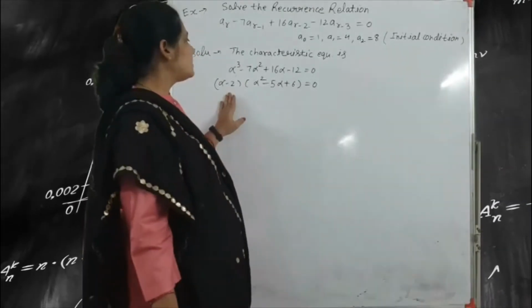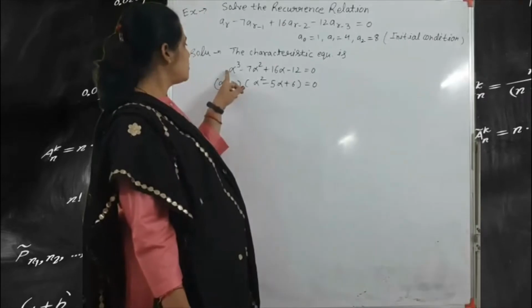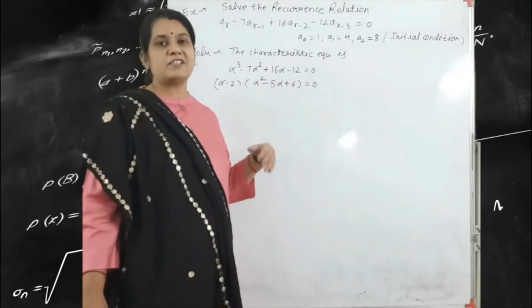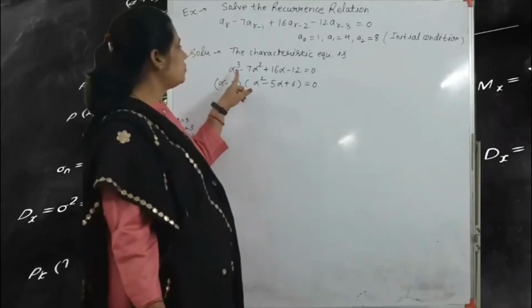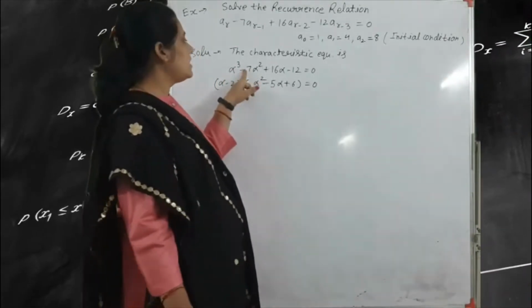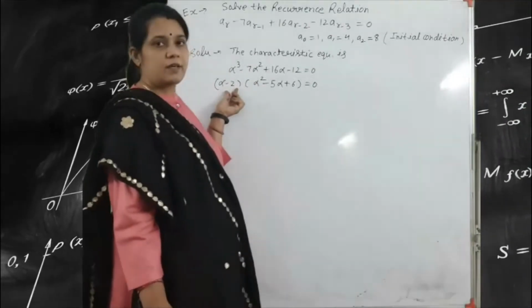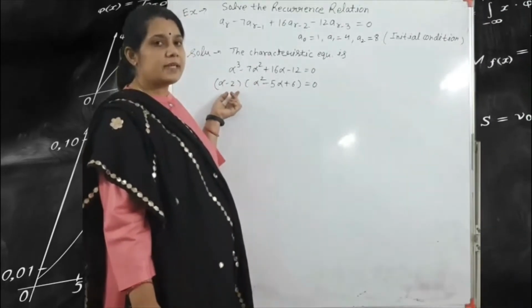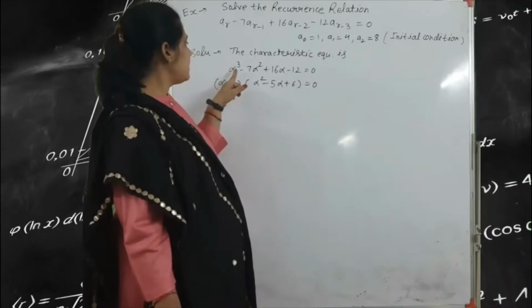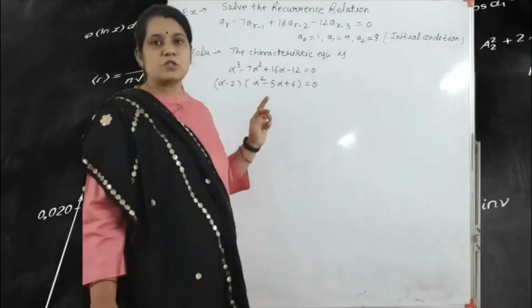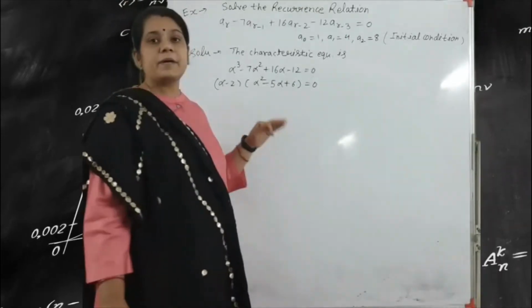So the process is, first you put alpha equal to 0, minus 1, plus 1, minus 2, plus 2. So here 2 is the root of this characteristic equation. So the first root is alpha minus 2. After that you divide alpha cube minus 7 alpha square plus 16 alpha minus 12 by alpha minus 2.